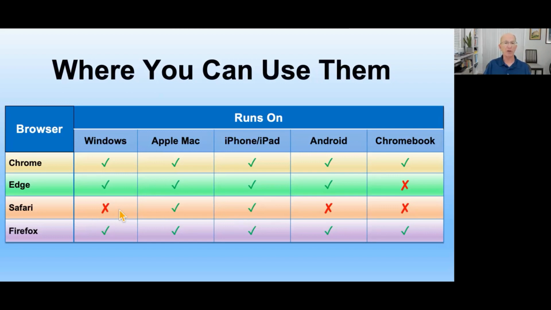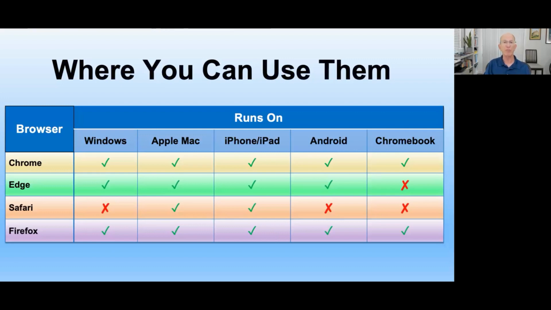Safari does not run on Windows, does not run on Android, does not run on Chromebooks. It only runs on Apple devices. Okay? And Firefox will run on everything, including Chromebooks. So this is a thinking slide to think about what kinds of technology you have and whether or not it's advantageous to use a browser that works on everything you own or just some of the things you own.